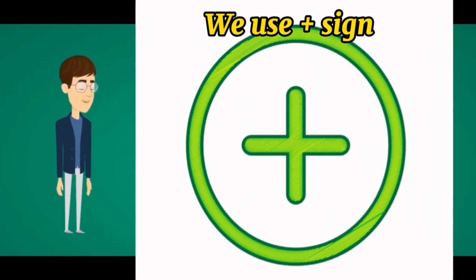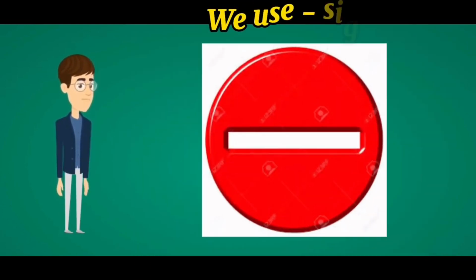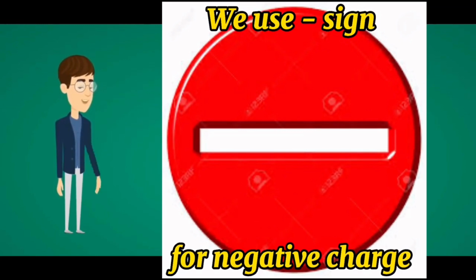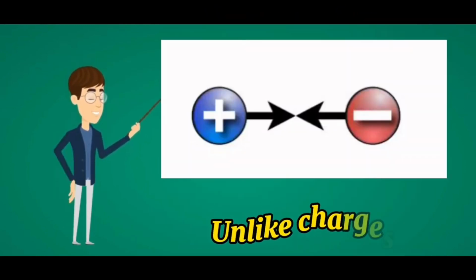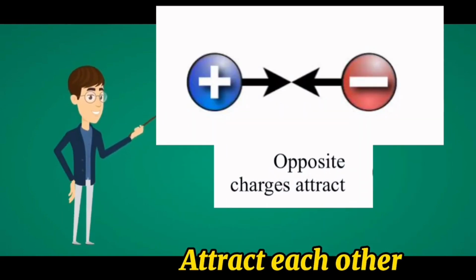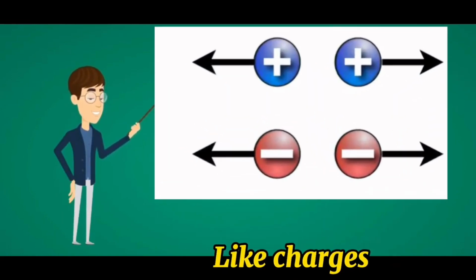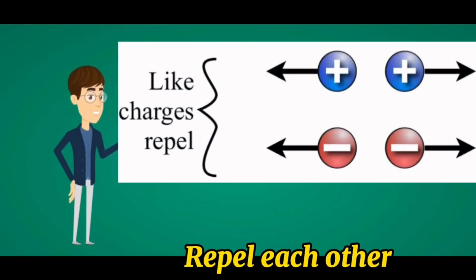We use the plus sign for positive charge, and we use the minus sign for negative charge. Unlike charges attract each other, while like charges repel each other.